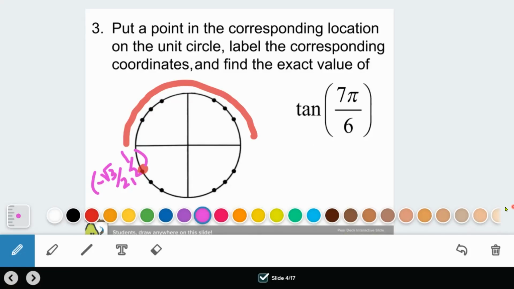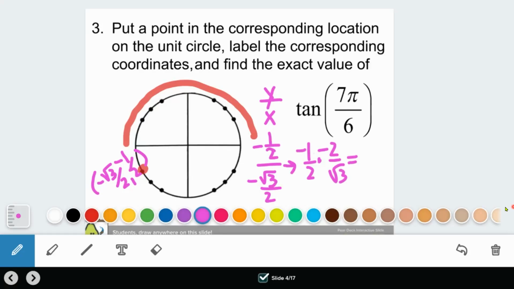Now tangent is y over x. So I'm going to take 1/2 over negative, and actually both of these are negative, I apologize. -1/2 over -√3/2. So that's going to be a -1/2 times the reciprocal, -2/√3.